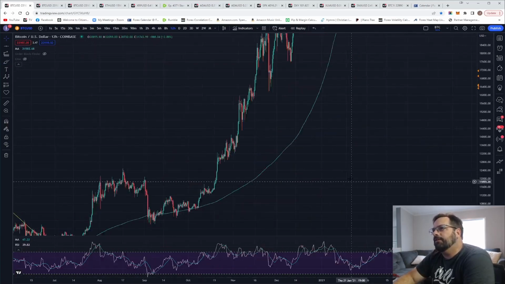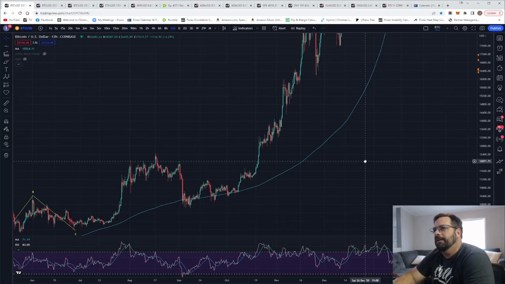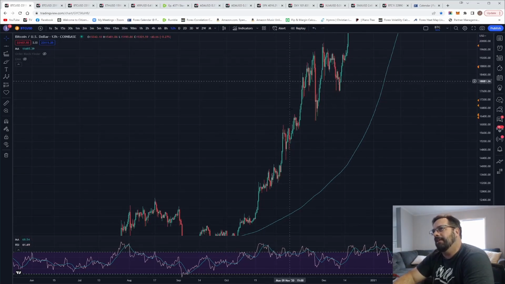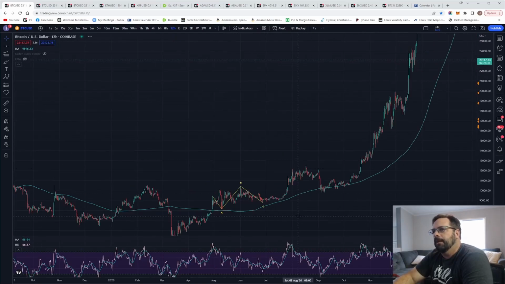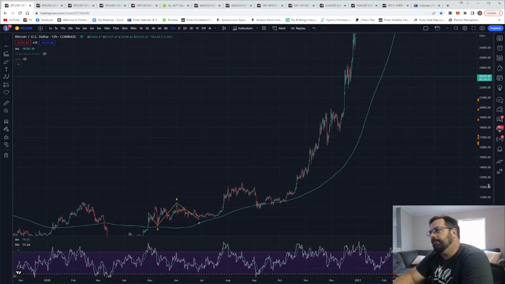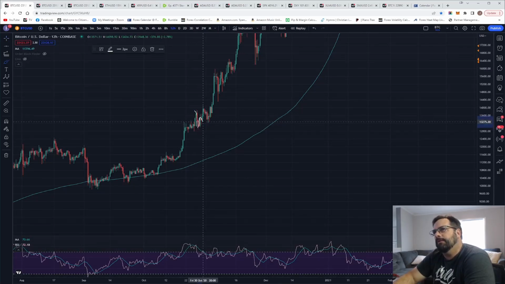Let me show you some running flats or expanded flats that happened just during price action as this wave was moving up. Okay, let's see. All this right in here was a running flat. You can see it, where you had this 3-wave move down, this 3-wave move up, and then a 5-wave move down.